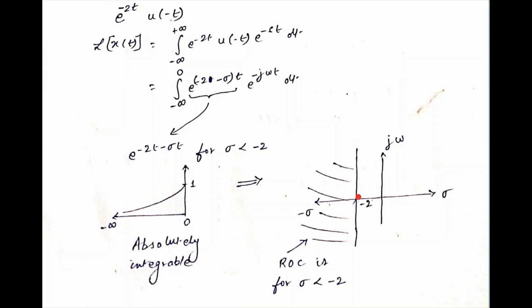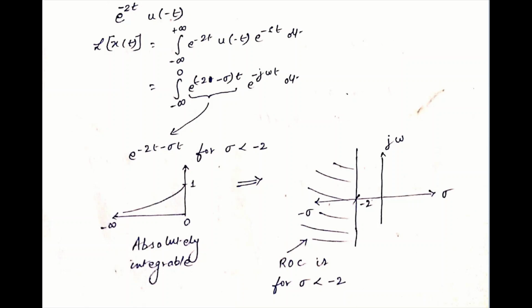The boundary value of sigma is minus 2, and towards the left side, if we make sigma smaller and smaller, it will be a part of the region of convergence. If we make sigma greater than minus 2, then it won't be a part of the region of convergence. So for a left-sided signal, the region of convergence is towards the left side of the s plane.